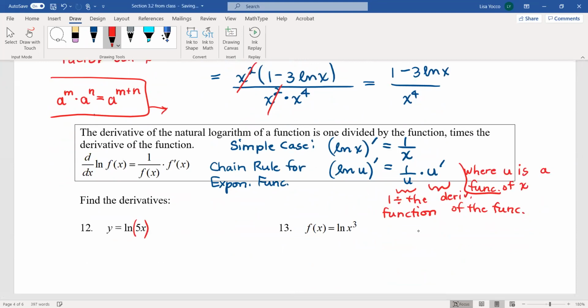All right, so for number 12, you got the natural log of 5x. So 5x is the function. So for my derivative, it's 1 divided by the function times the derivative of the function.